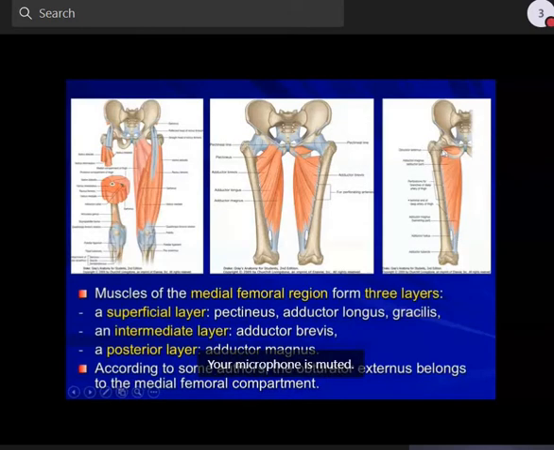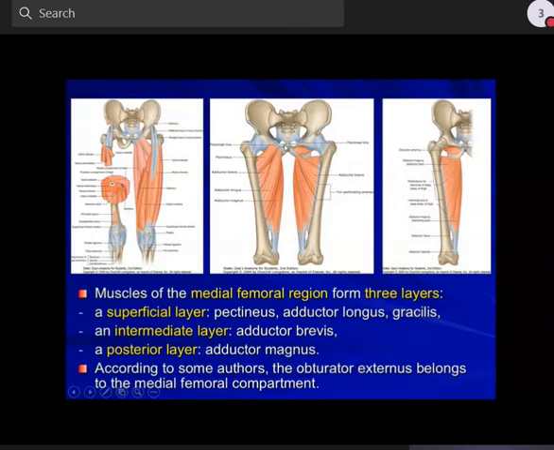Here you can see the obturator externus. The obturator externus, from a developmental point of view, belongs to adductors. It projects just above the adductor brevis and is even innervated by the same nerve that innervates adductors.